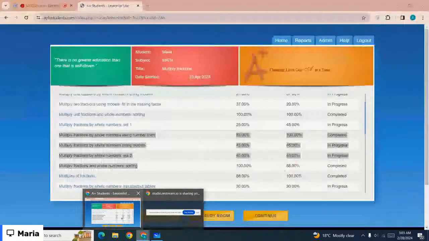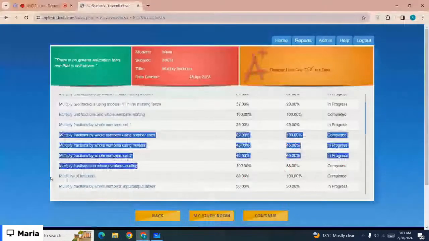Here I am on grade 5 math. The chapter we're working on is multiply fractions. Let's just start with the first lesson, that is multiply fractions by whole numbers using number lines.